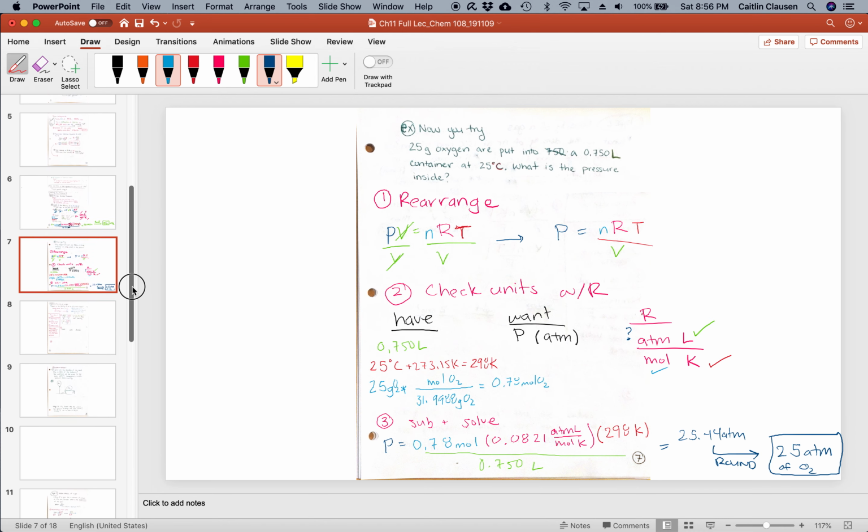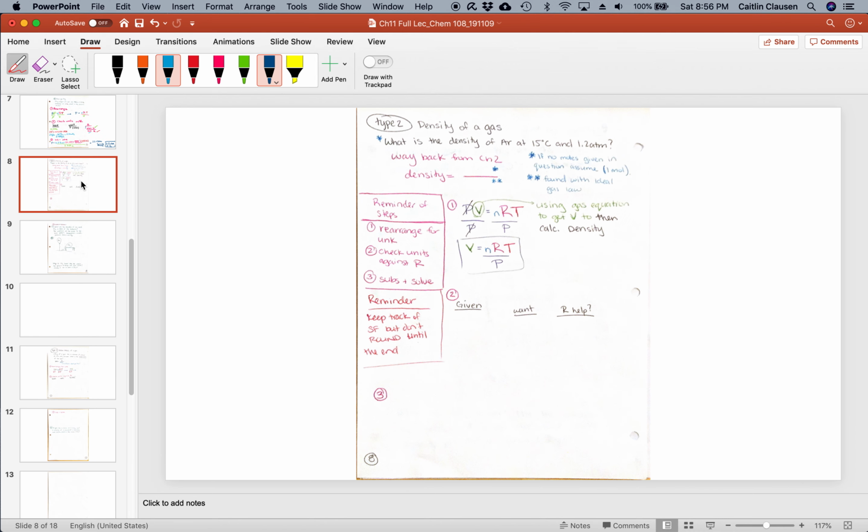Alright, so that is type 1. Type 2 is calculating the density of a gas. It's kind of like a single variable problem, but there's 2 steps. So way back in, what was it, chapter 2, we talked about density. If you want to pause the video, write down what density equals from what you remember.